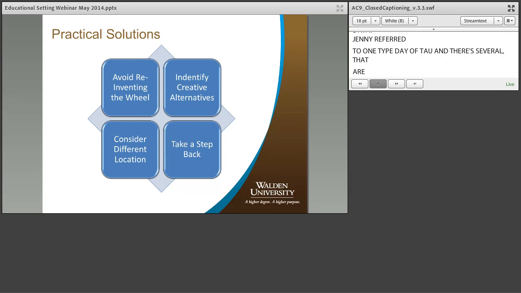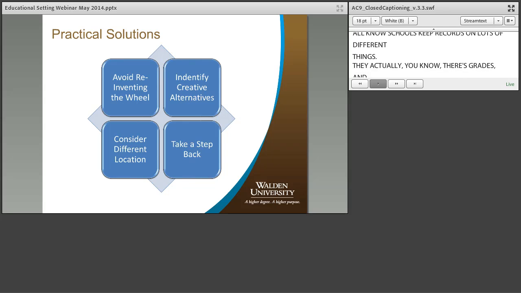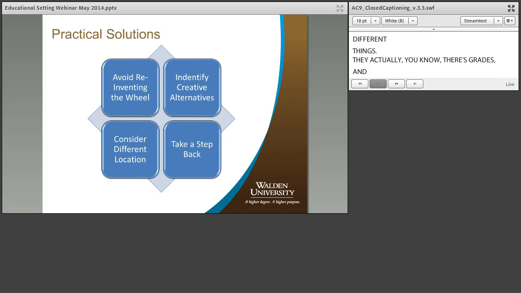We often refer to that as retrospective data because it's already in existence. As we all know, schools keep records on lots of different things. There are grades and all kinds of assessments. There are also student records, personnel records, and student work products of many types.